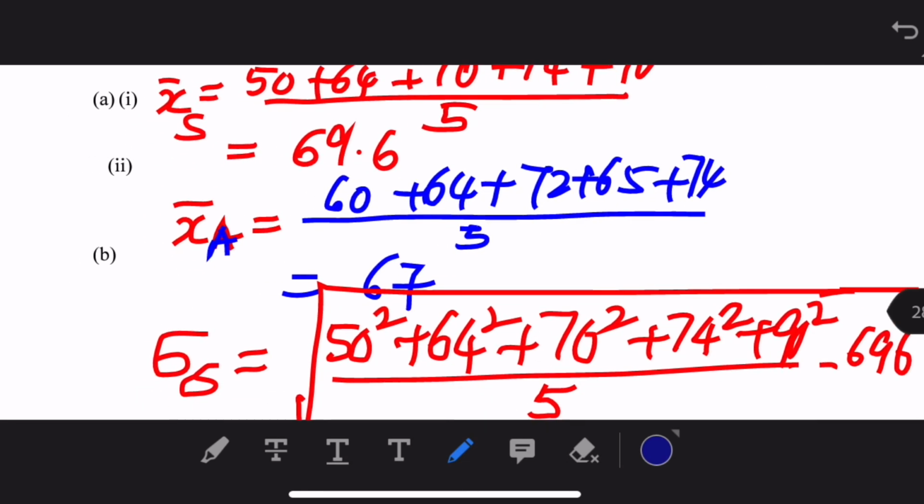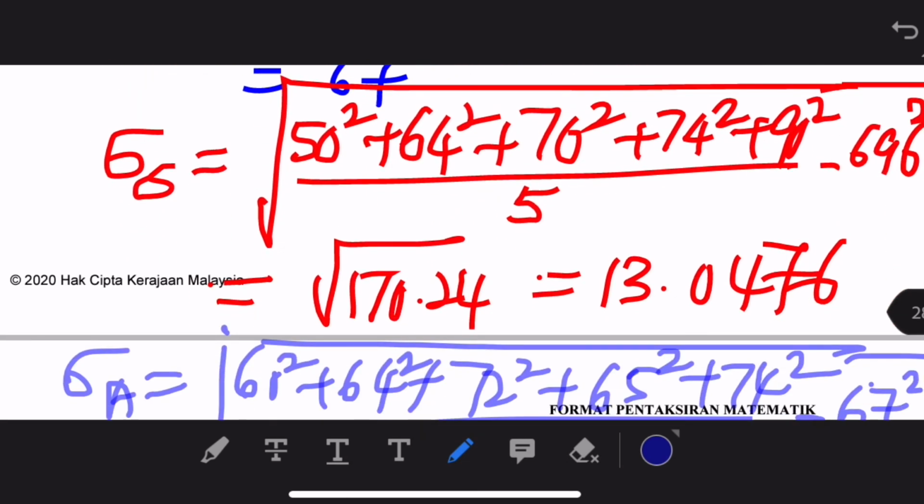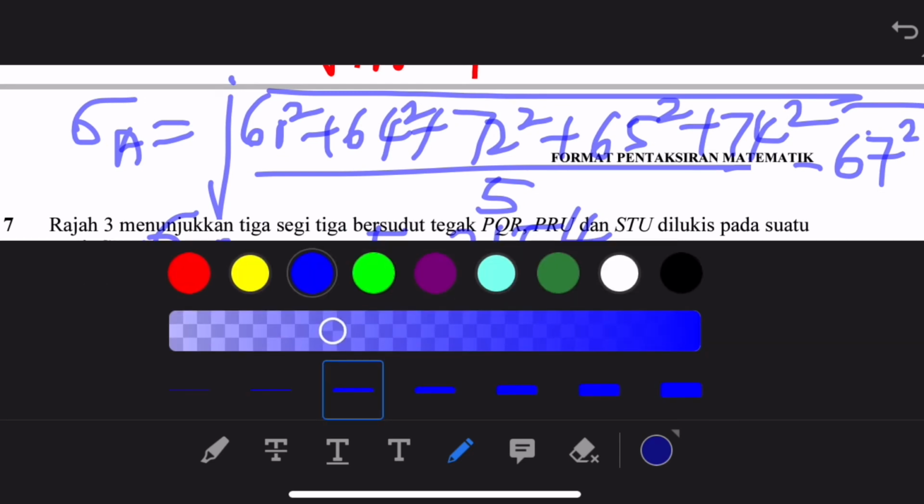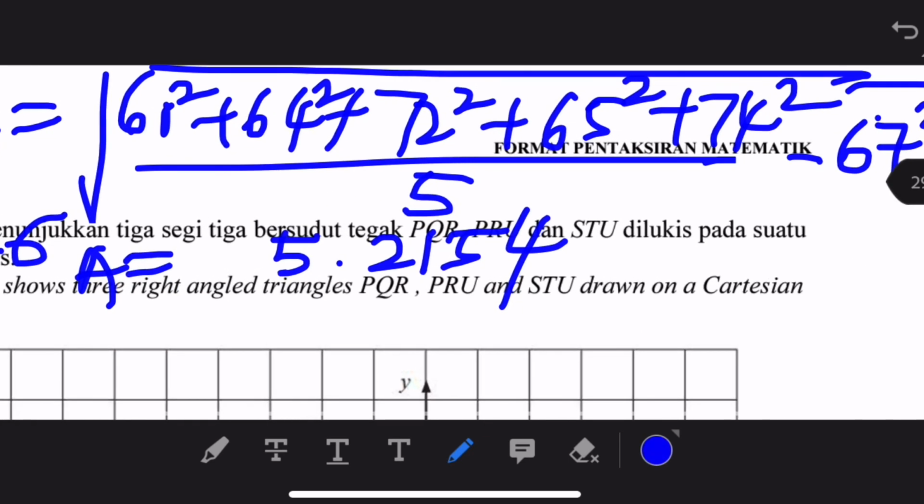By looking at this, the standard deviation for Sophia is quite high, and for Armin it is lower.